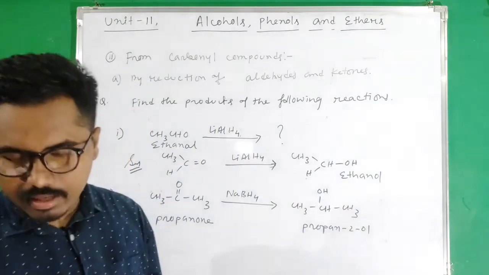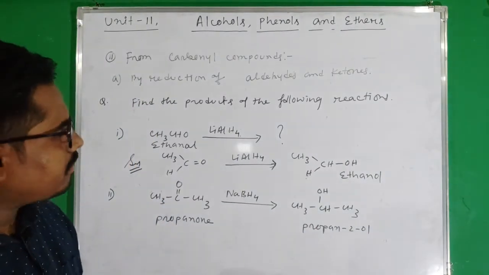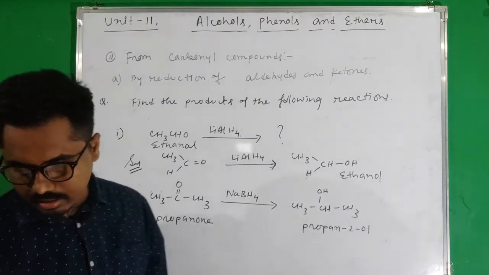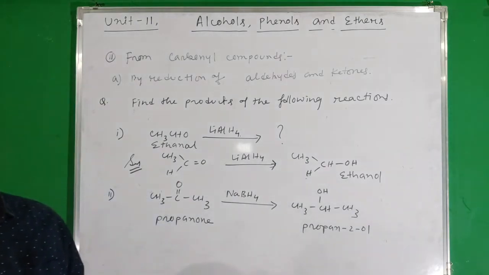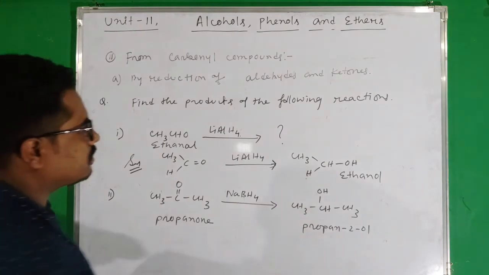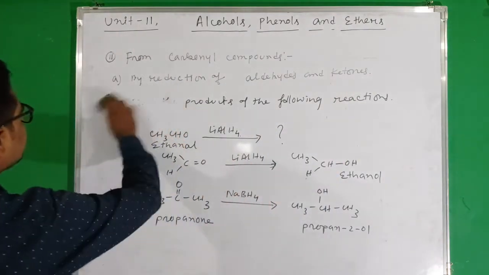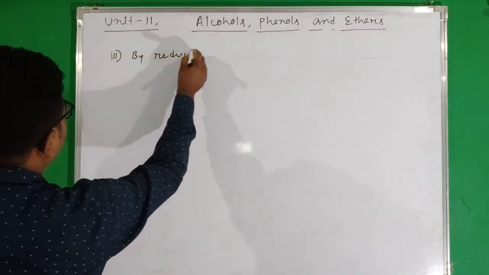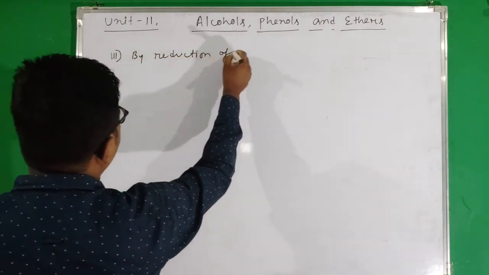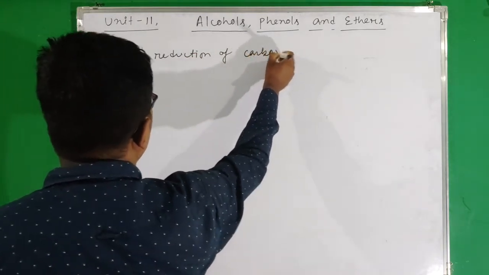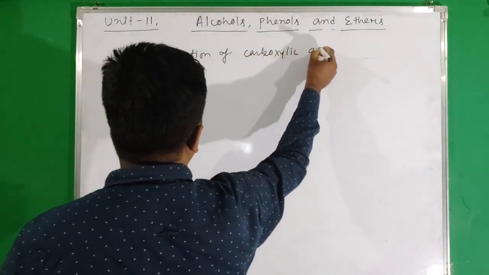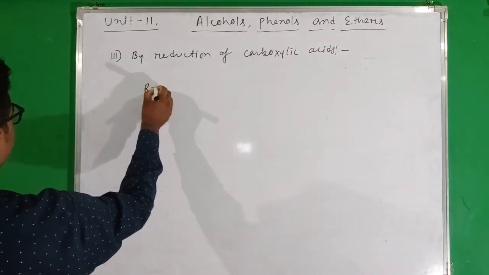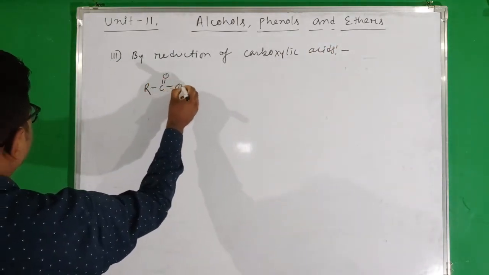Now let us consider another method for preparation of alcohol, and the method is number 3, by reduction of carboxylic acids, and this one is the formula for carboxylic acid.